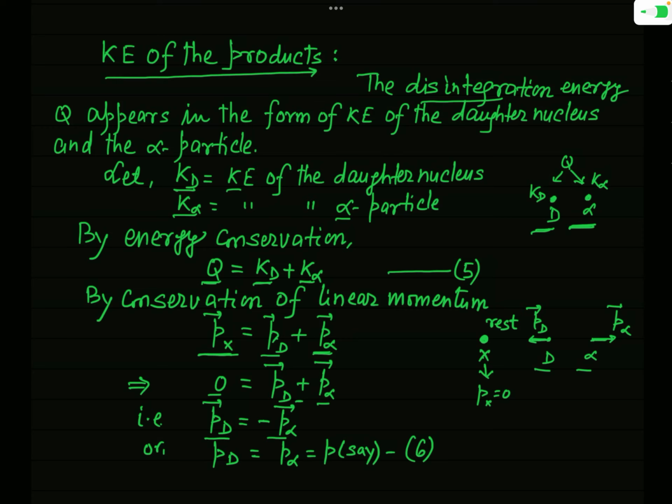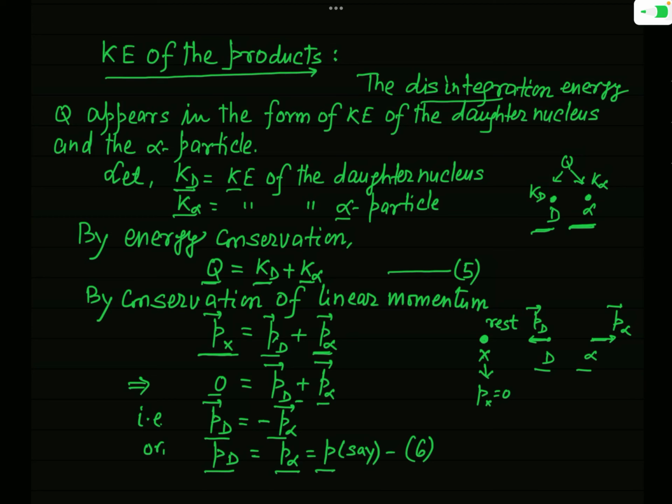So you can write that magnitude of Pd is equal to P alpha. And since both are same, I have assumed that this Pd and P alpha is equal to P. It means Pd and P alpha both are same, so I have written here P for both of them.